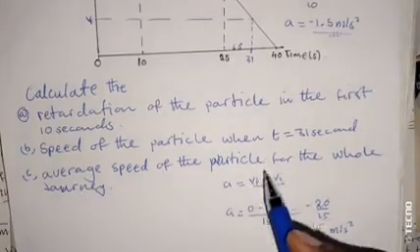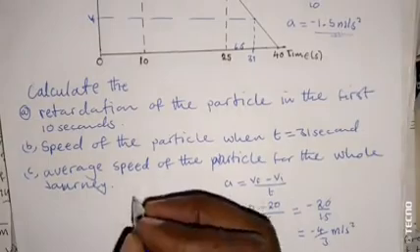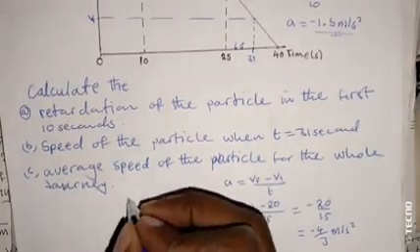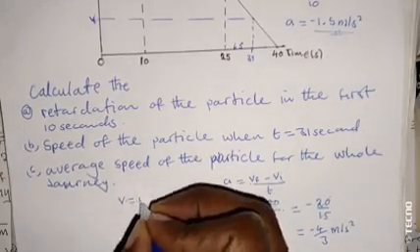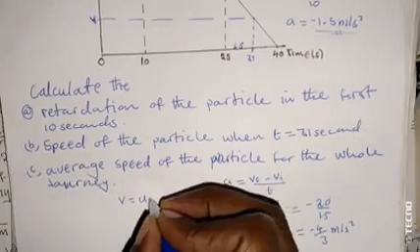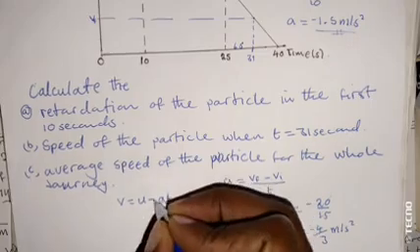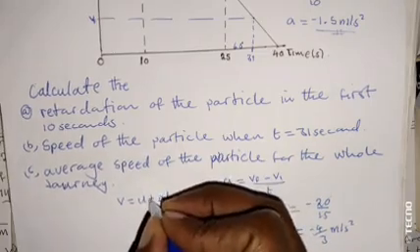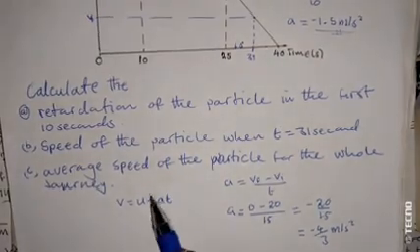So now let's use this formula, which is v is equal to u, initial velocity, plus at. Sorry, it's plus, not minus, at. This is the formula.